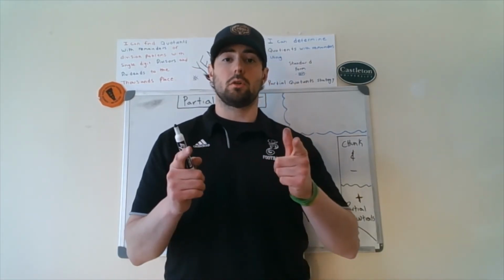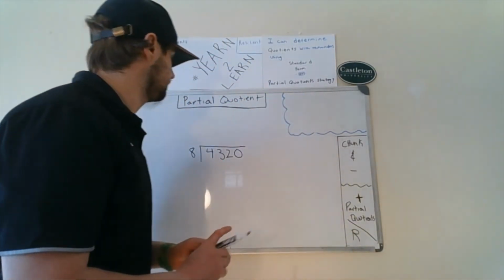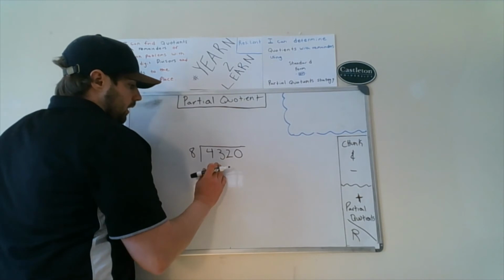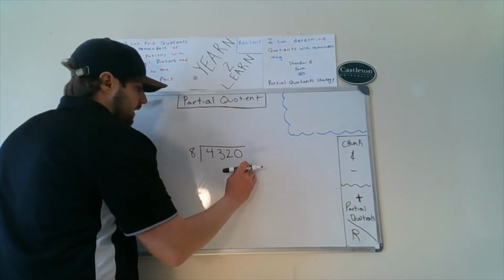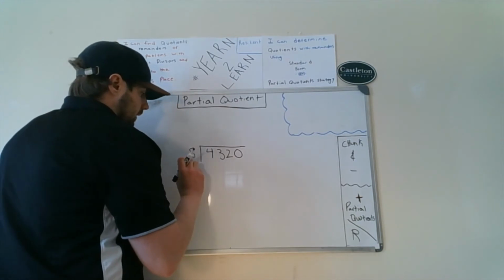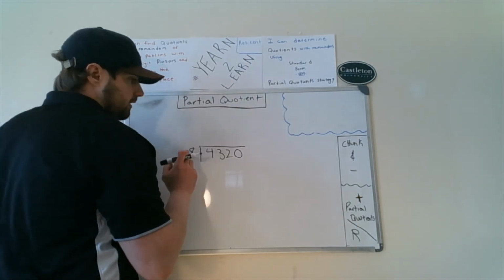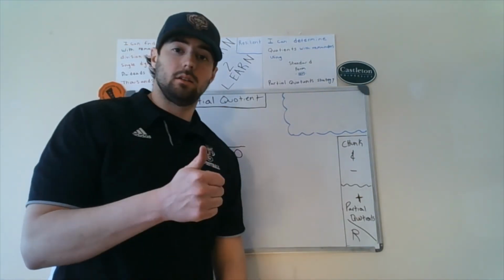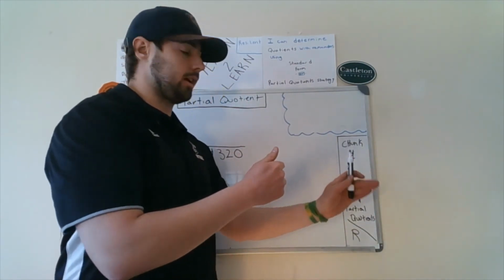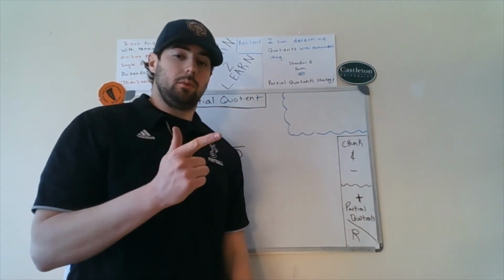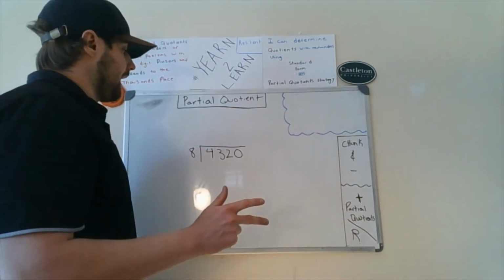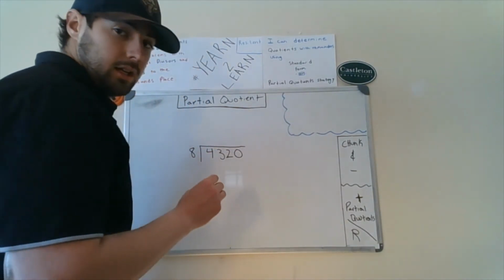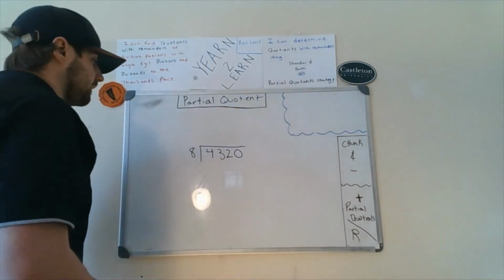All right, partial quotient we do. Let's do it. We have 4,320 divided by 8. I need to think big when I'm chunking. So I'm chunking. I need to think big, work with numbers I know, look at the numbers and see if I can chunk something out evenly, perfectly evenly.